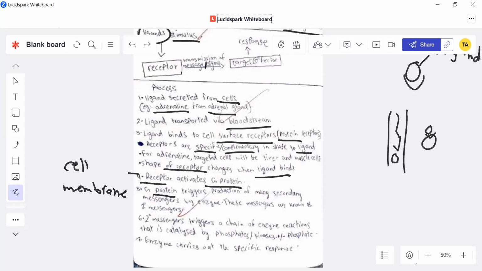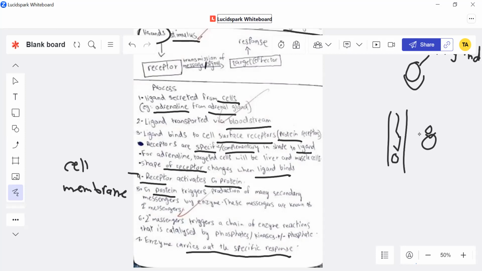These messengers are known as secondary messengers, or simply this symbol right here. Secondary messengers trigger a chain of enzyme reactions, and this is catalyzed by phosphatase or kinase. You will learn this in the coming video classes. So enzymes carry out the specific response.